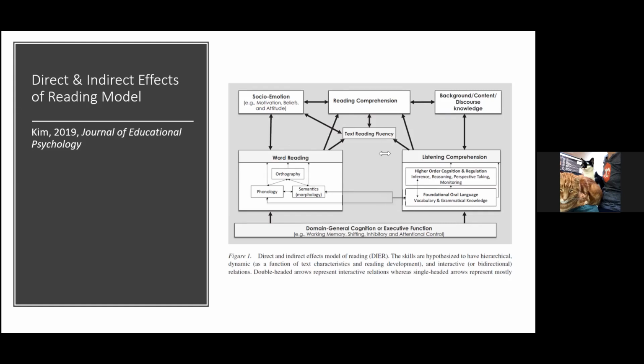She found good empirical evidence for this fit, where, while we're reading, comprehension of vocabulary and sentences is mediated by our inferencing ability, our perspective taking ability, and our monitoring ability. So finding that same relationship in a model like this, I thought that was really interesting and helpful.